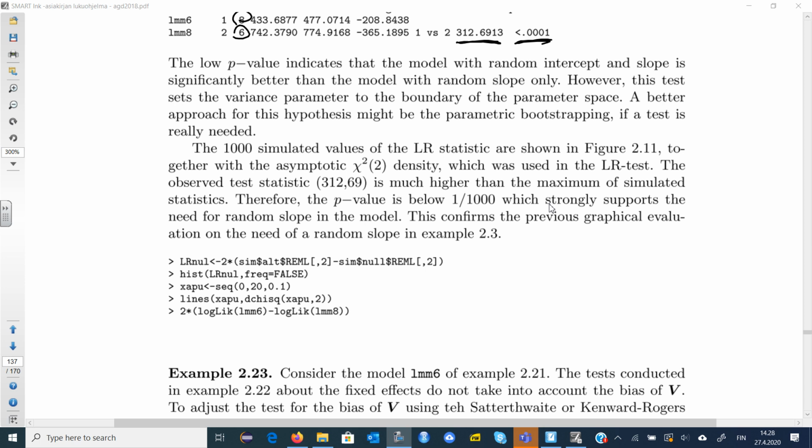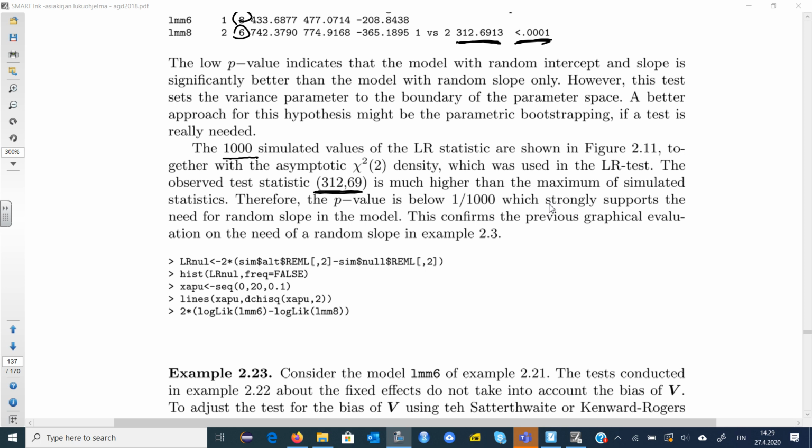In parametric bootstrapping we generate a total of 1,000 simulated datasets by assuming that the null hypothesis is true. That is the way we obtain the distribution of our test statistic under the null hypothesis. Then we compute the likelihood ratio in our empirical data and observe that it gets the value 313.